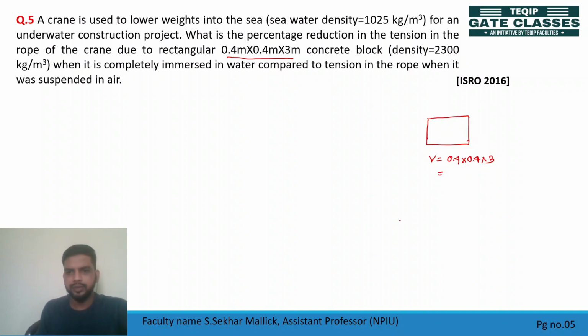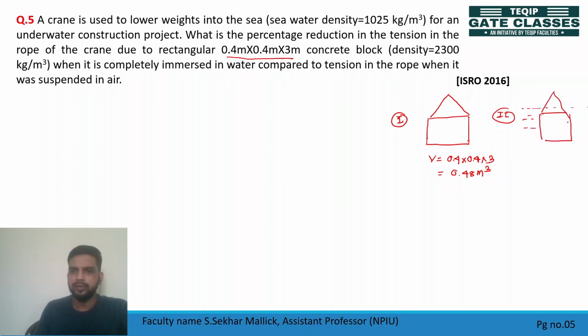How much? Is it equal to 0.48 meter cube? So this is volume. Okay, and this is the first case, it will be suspended in air, and in another case it is completely immersed in water. In the second case it is completely immersed in water.